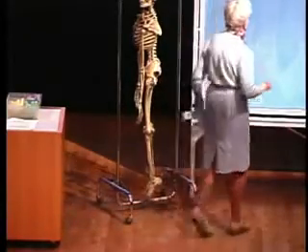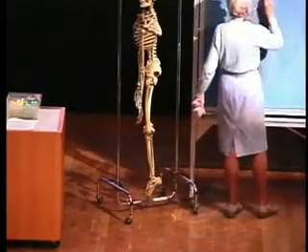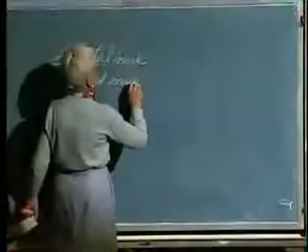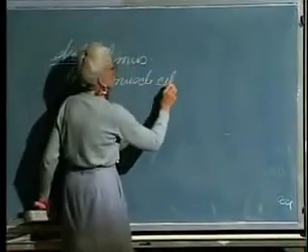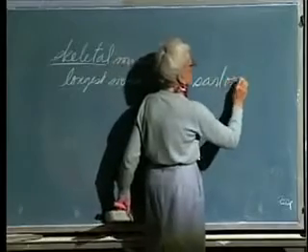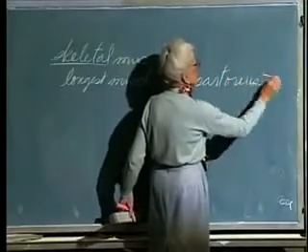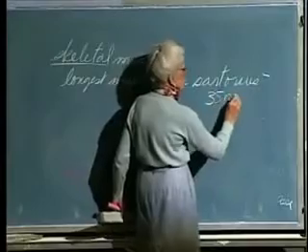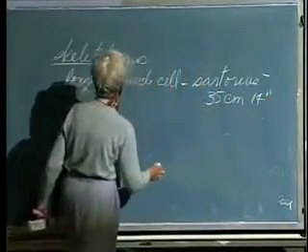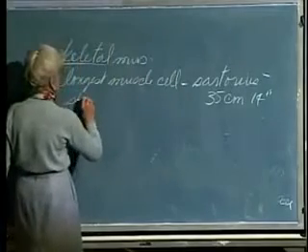The longest muscle cells are the sartorius. How long did we say it was? About 35 centimeters, 14 inches. What's the shortest muscle cell in your body?